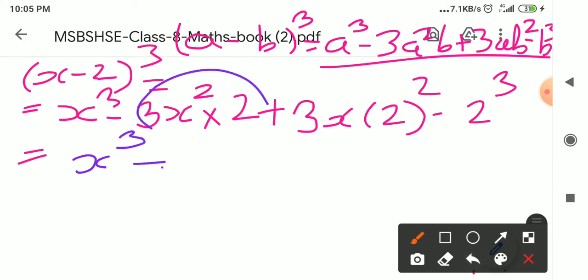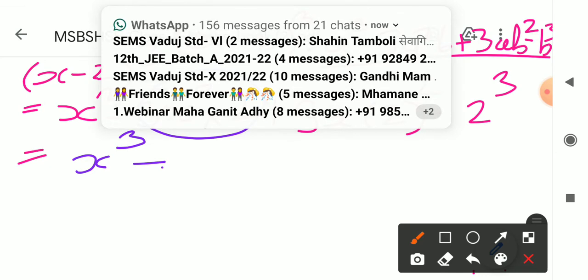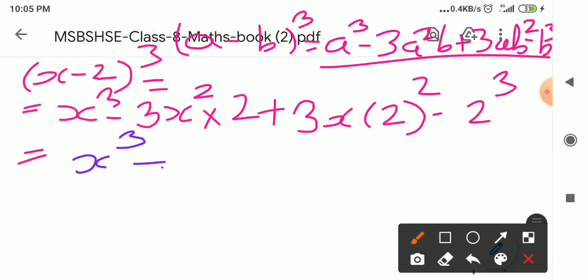Now we have to solve the multiplication first. 3 2s are 6, so 6x square. Now plus 3, 2 square is 4.